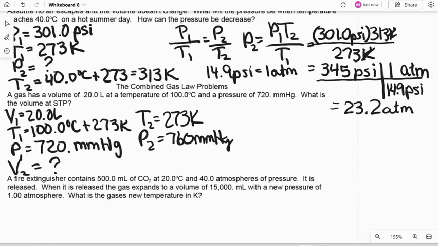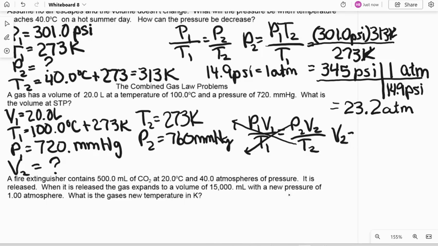So let's take our whole formula of P1V1 over T1 equals P2V2 over T2. Let's bring this guy up, and let's bring this guy down. And my formula becomes V2 equals P1V1 T2 over T1 P2.